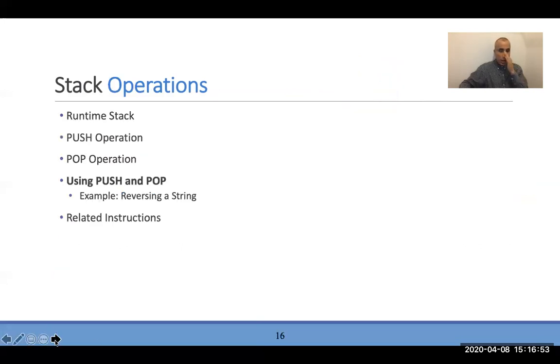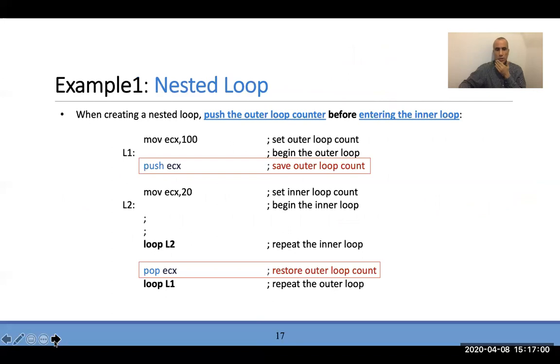All right, so now we're gonna look into using push and pop, just simple examples right here. If you look at this example, remember when we did the nested loop back in the days, we didn't know the stack. So we created a memory, we called it temp, as a DWORD, and we assigned it a question mark.